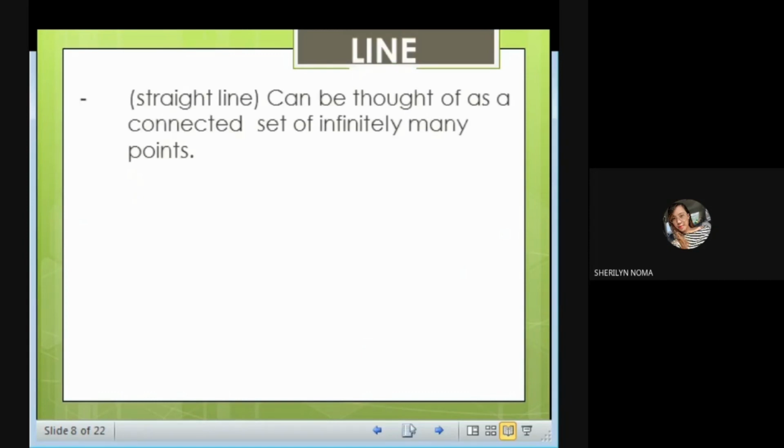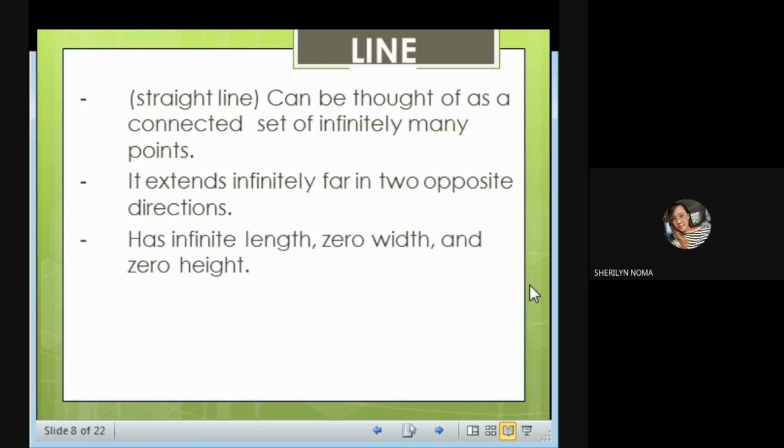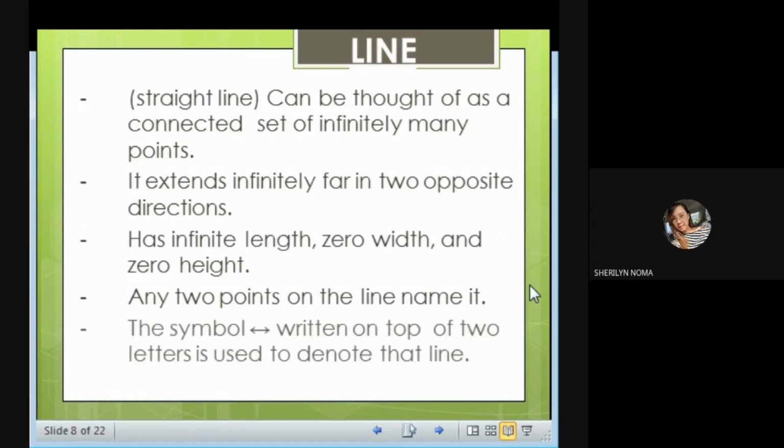A straight line can be thought of as a connected set of infinitely many points. It extends infinitely far into opposite directions. It has infinite length, zero width, and zero height. Any 2 points on the line can name it.